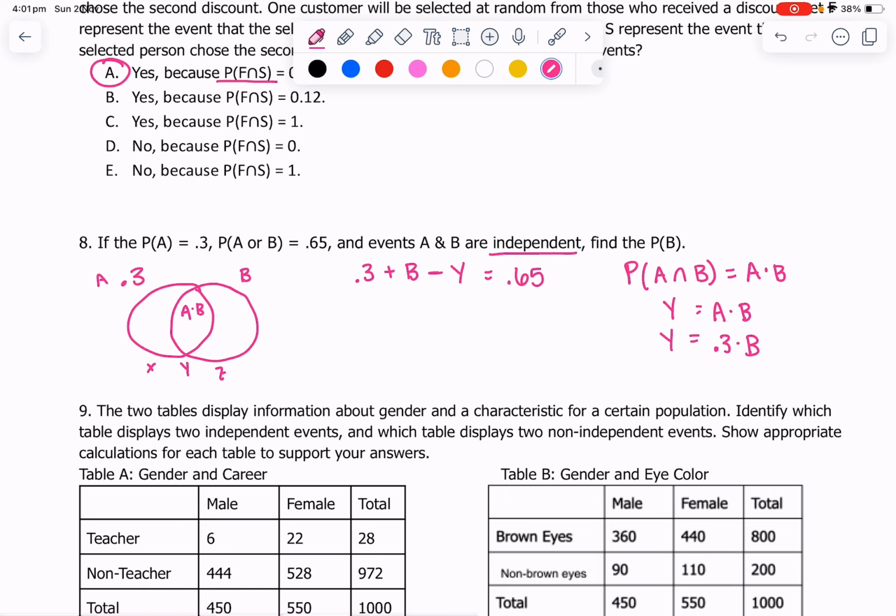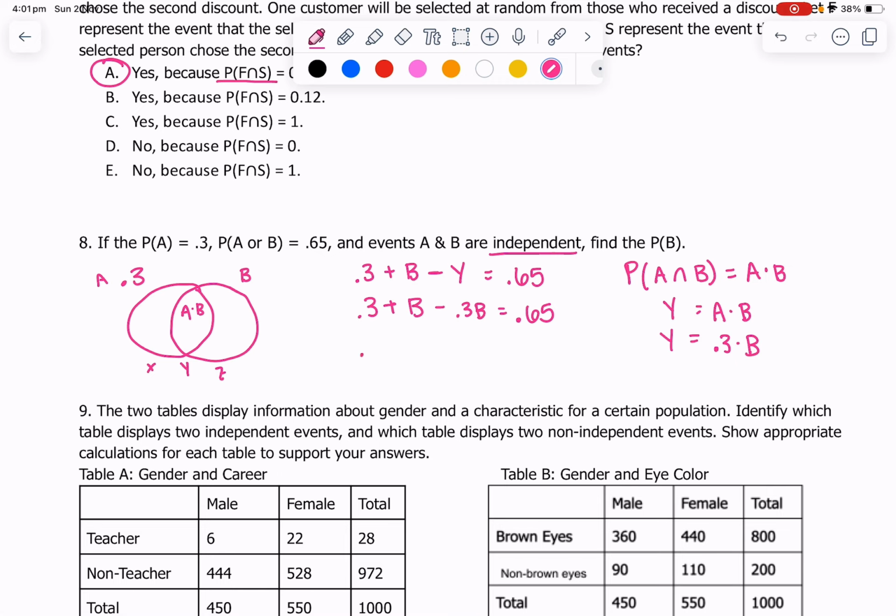Now I have two equations and two variables. We have a little system and we can solve. So exciting. So 0.3 plus B minus Y, but I'm going to substitute in this equation for Y. I know Y is 0.3B, equals 0.65.